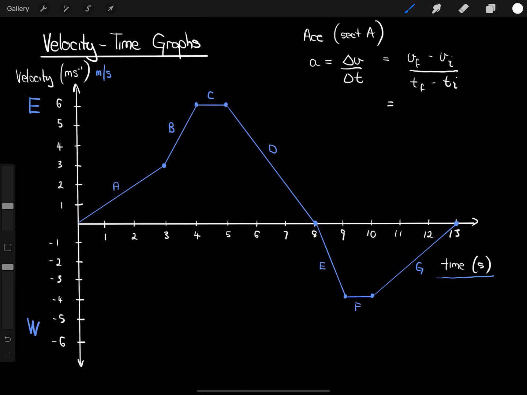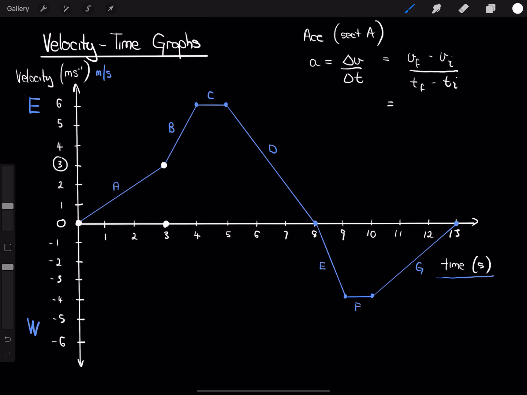And so we can see in section A that the final velocity was 3, the initial velocity was 0. The final time was 3 seconds and the initial time was 0.